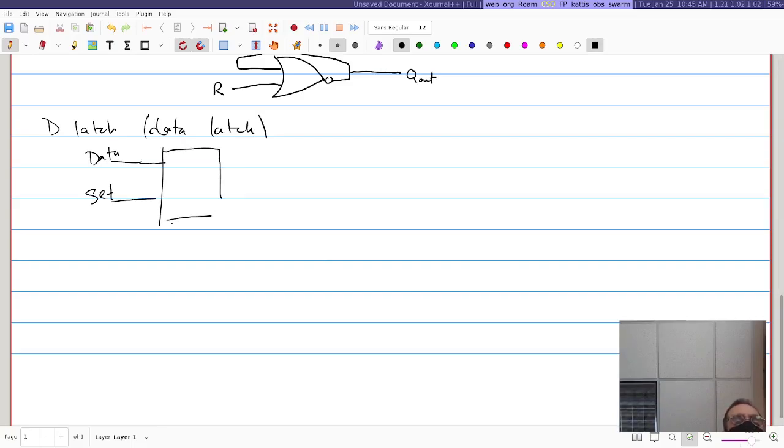And then it's going to have Q out. And the idea is, well, let me draw you the truth table for it. So data, set, Q out. And of course, think about Q in.